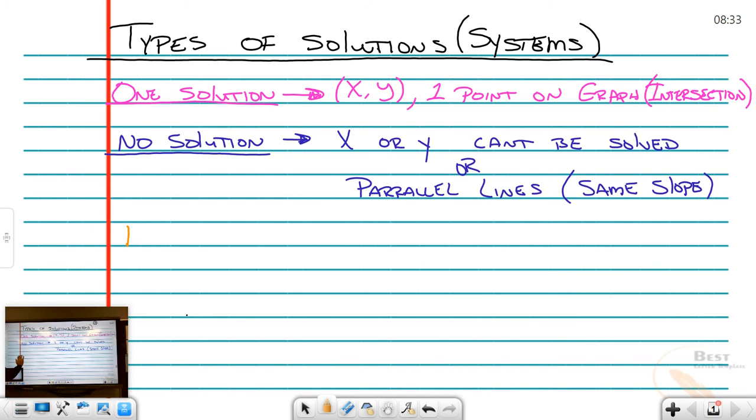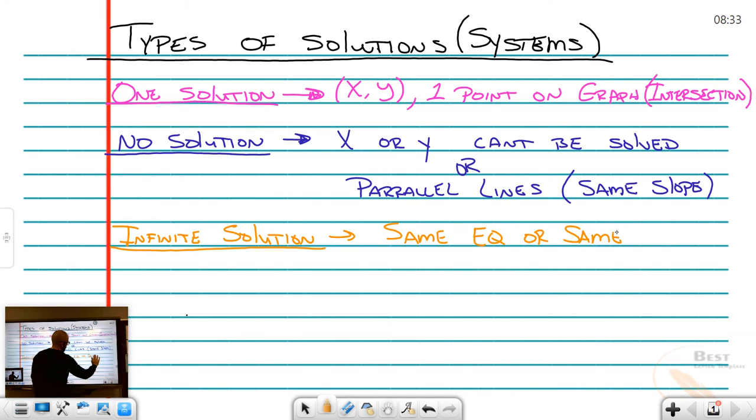So then, how can we have infinite? Infinite solutions would basically be the same equation for the same line.